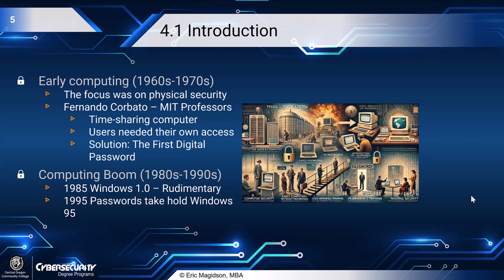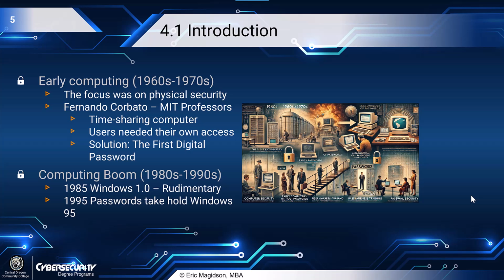So early, 1960s, 1970s, security was really around physical security. These mainframe computers took up buildings, took up large rooms. All we needed to do was secure the room. You can't get in and do malicious things on the computer, right? But then we start networking these computers.